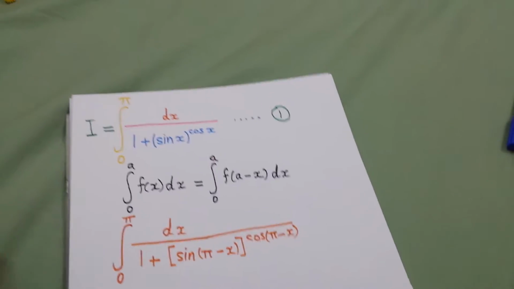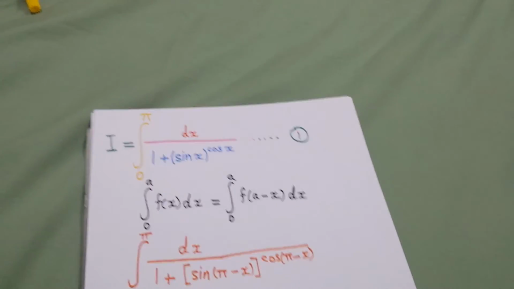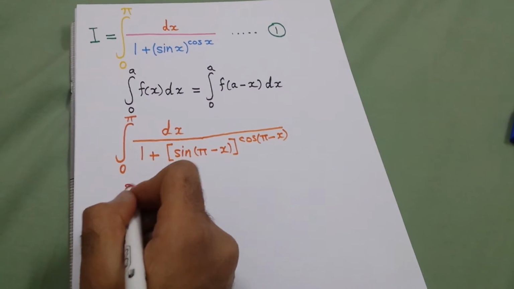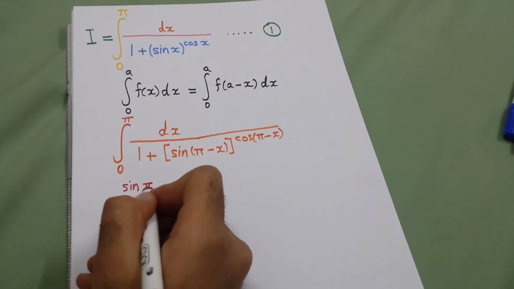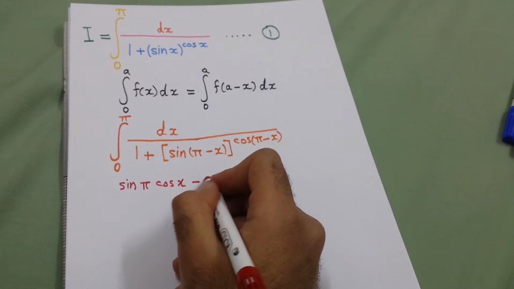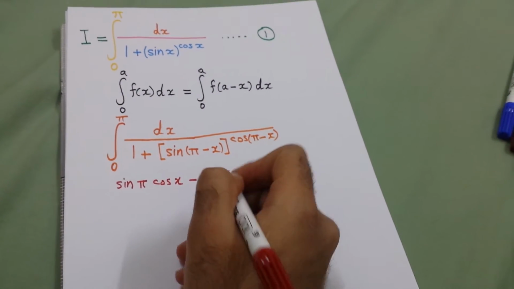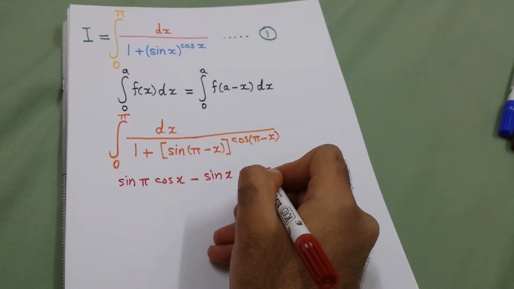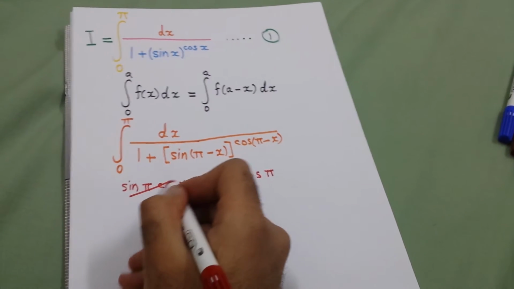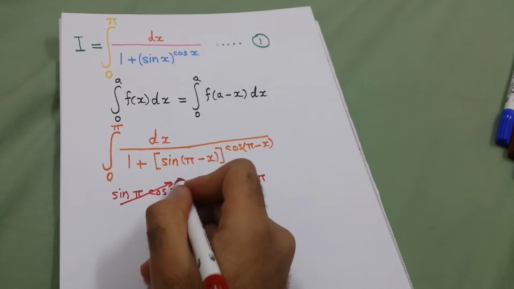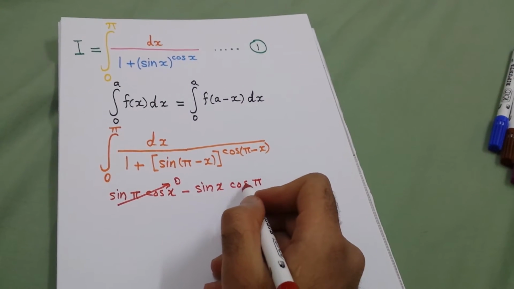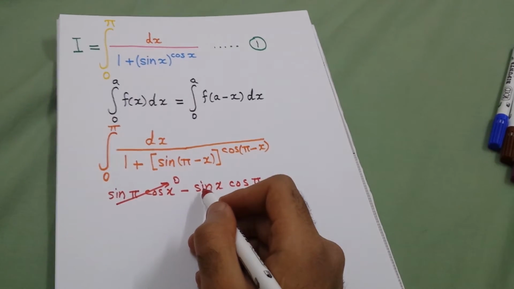Now we will simplify this. We will simplify sine pi minus x. It will be sine pi times cosine x minus sine x cosine pi. Sine pi equals 0, so 0 times anything will be 0. And here cosine pi is minus 1. Minus 1 times minus 1 will be plus 1.